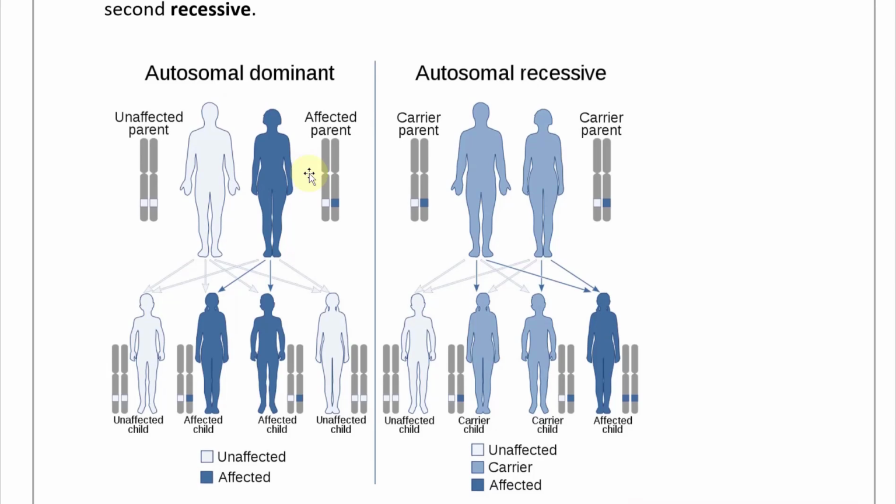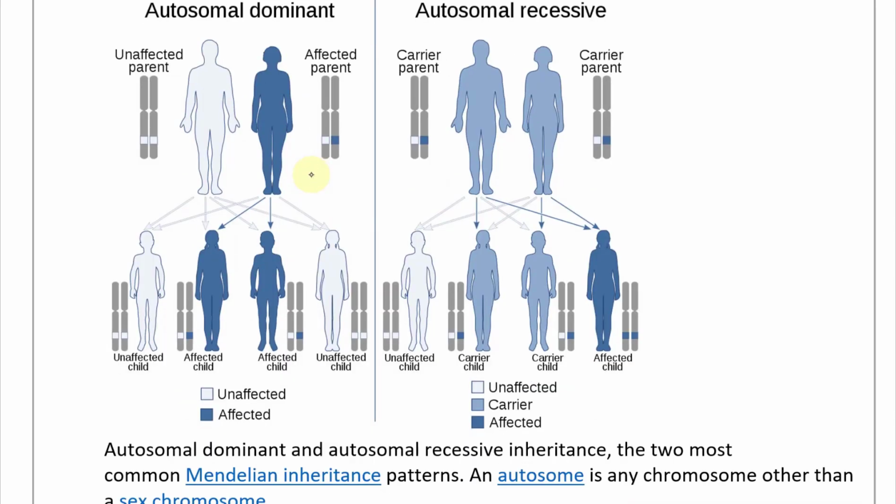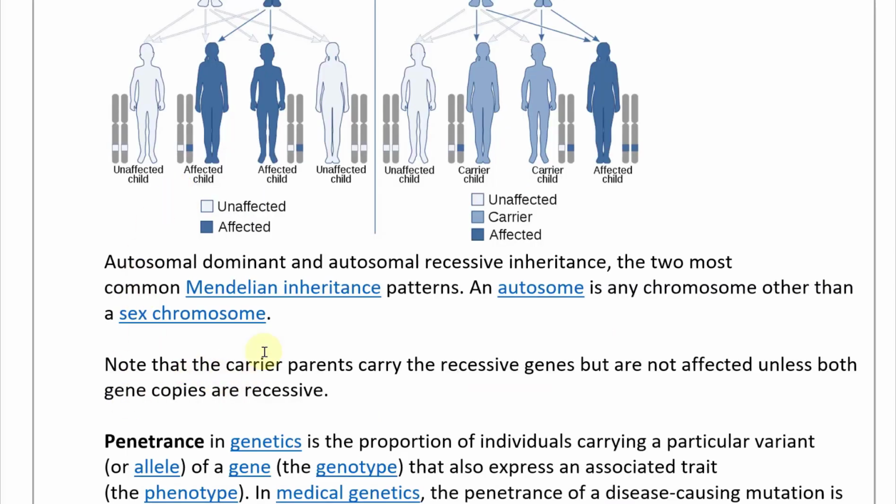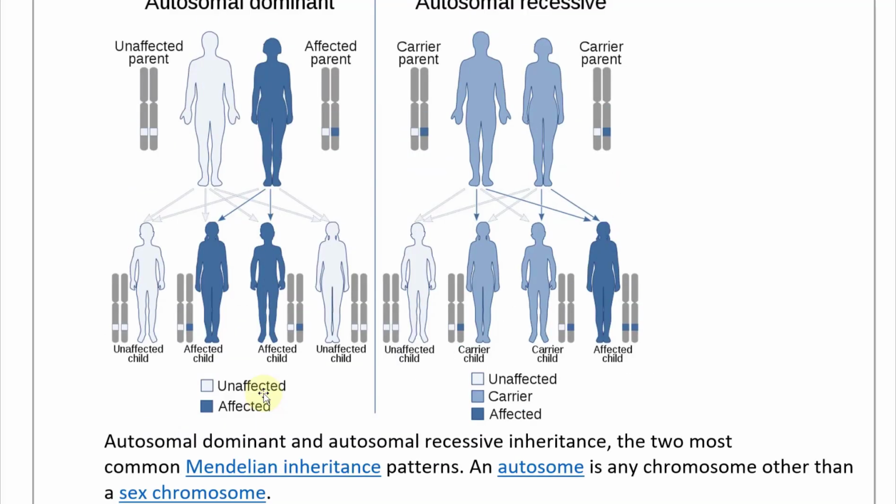For example, say this one is the dominant one, so she would have the blue eyes or whatever. Because she has one dominant gene, while this one has a recessive one, he's not affected by that dominant one. I just put a note here: the carrier parents carry the recessive genes but are not affected unless both gene copies are recessive.